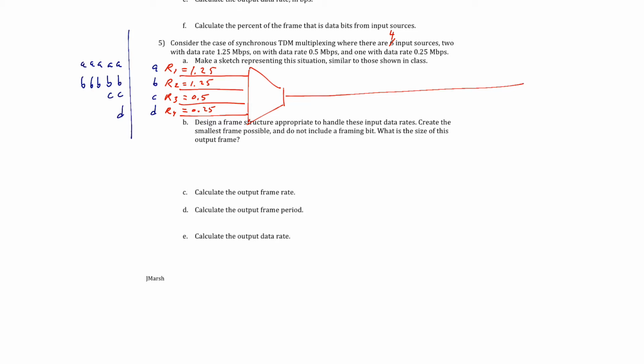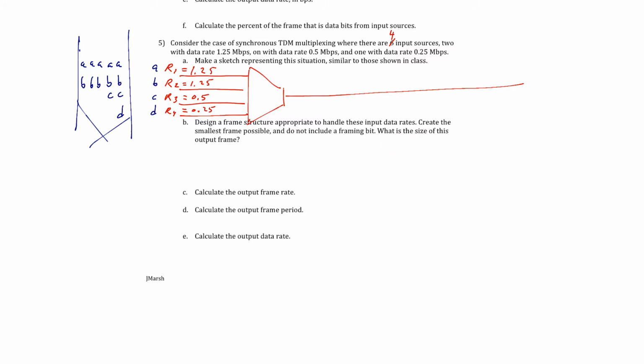And if we do bitwise, let's see, design a frame structure appropriate to handle these data input rates, create the smallest frame possible, and do not include a framing bit. What is the size of the output frame? Well, let's do bitwise interleaving and create our output frame something like this.